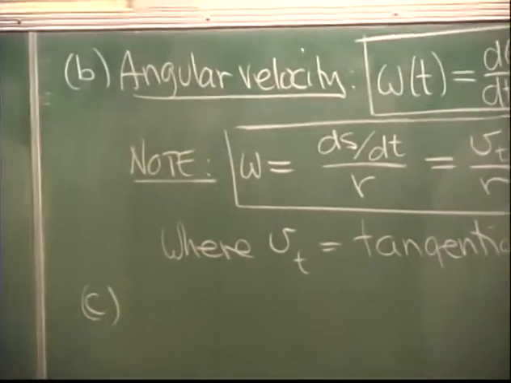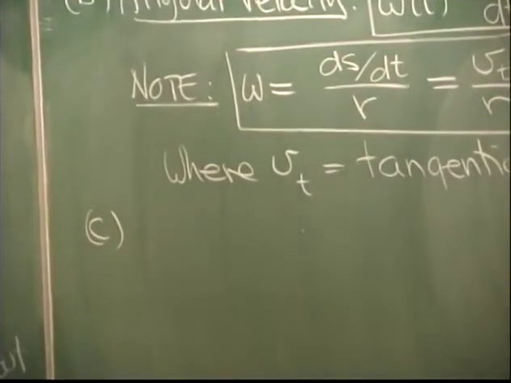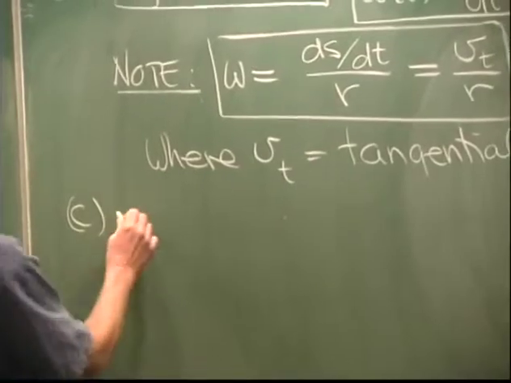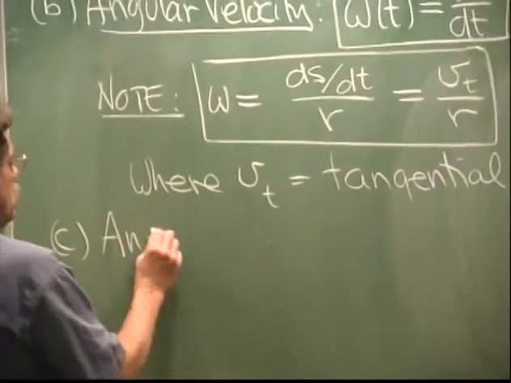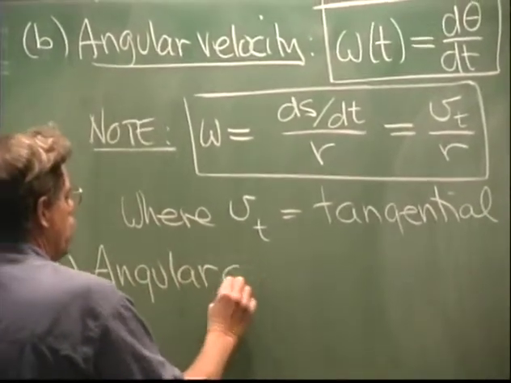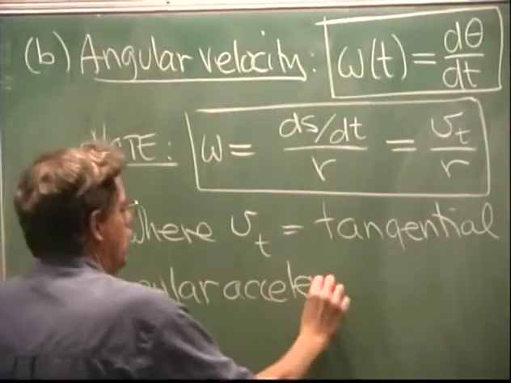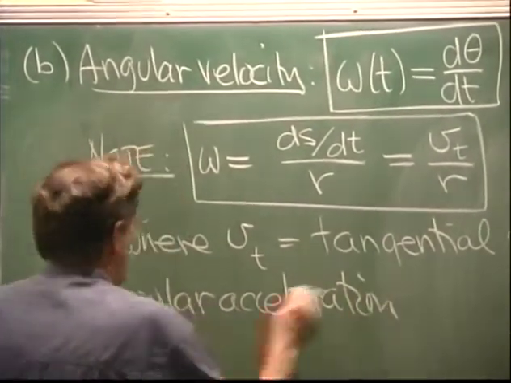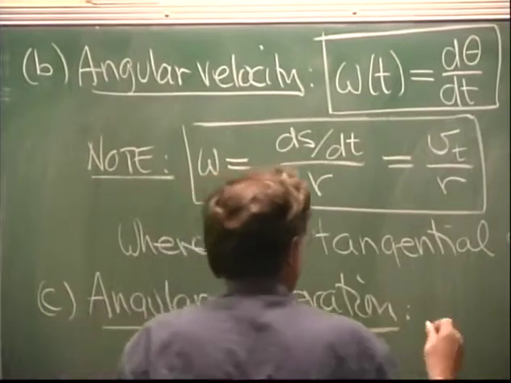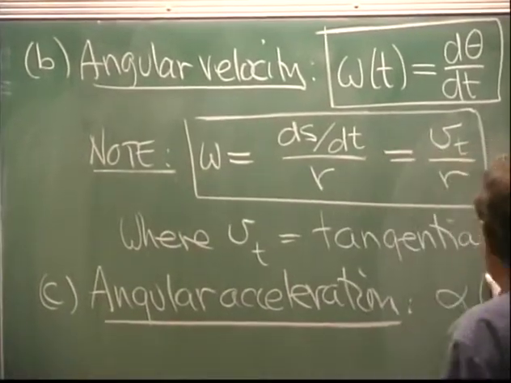Well, if this thing is speeding up or slowing down, as it might be, then I might be interested in the angular acceleration, defined in the obvious way. We use the Greek letter alpha for that.